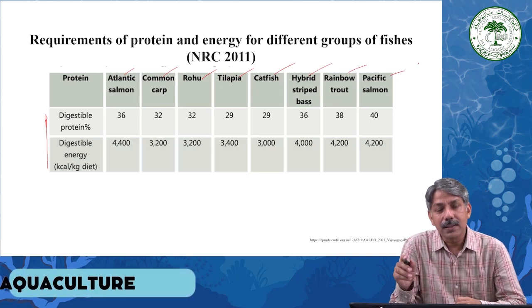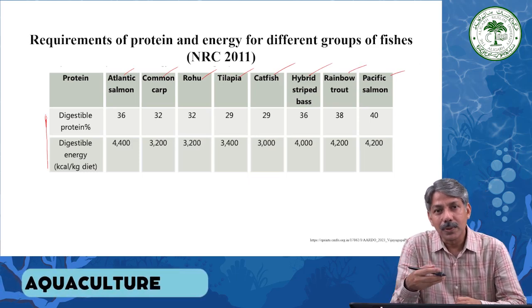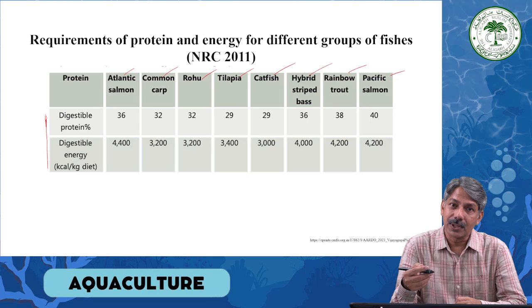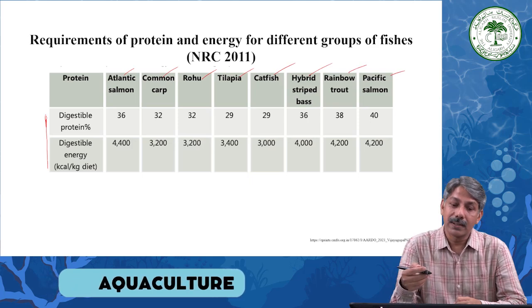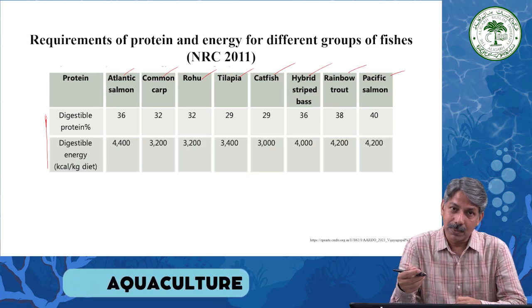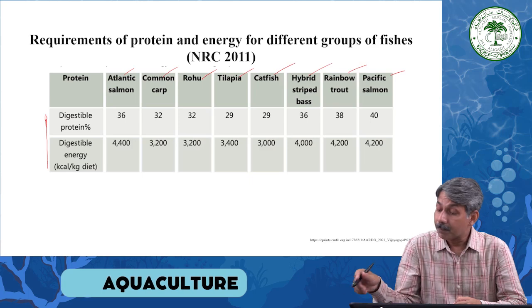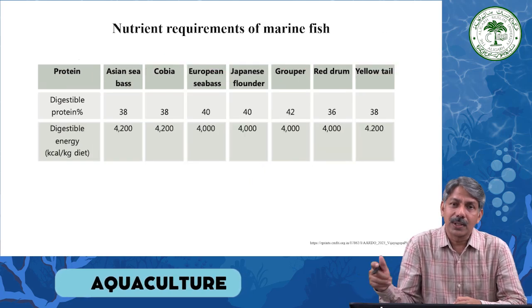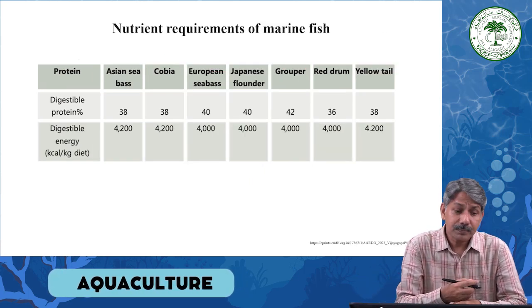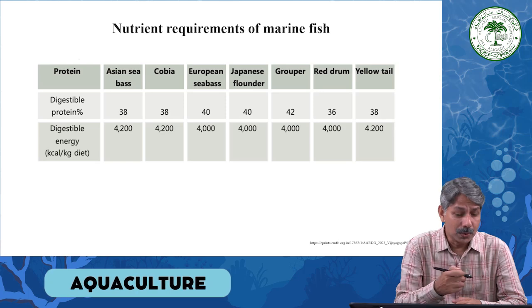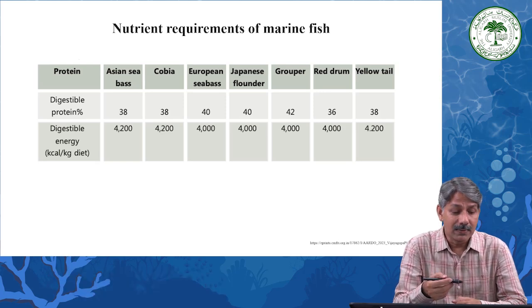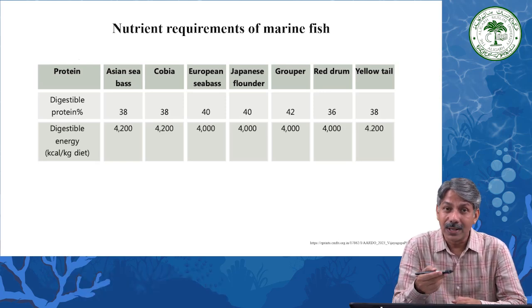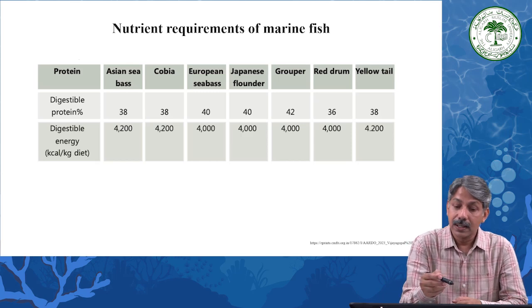So I told you that for the more popular cultivable fishes or commercially important aquatic organisms which are being cultivated, we have good information on nutrient requirements, but still we need to work for more. That will help us to identify more and more new candidate species for aquaculture.